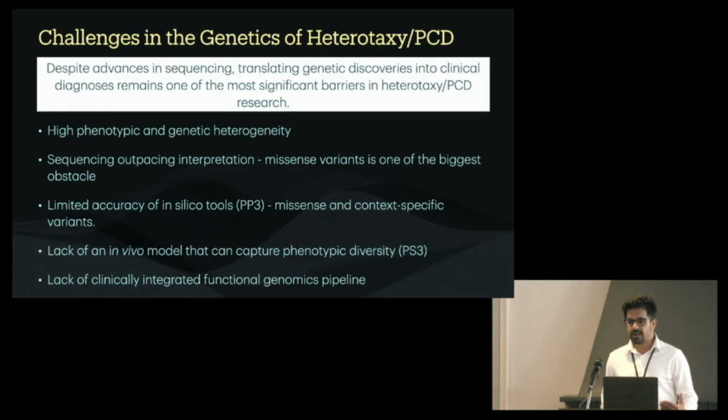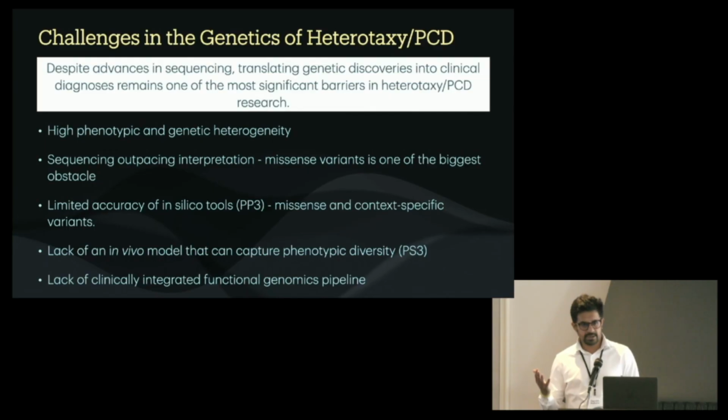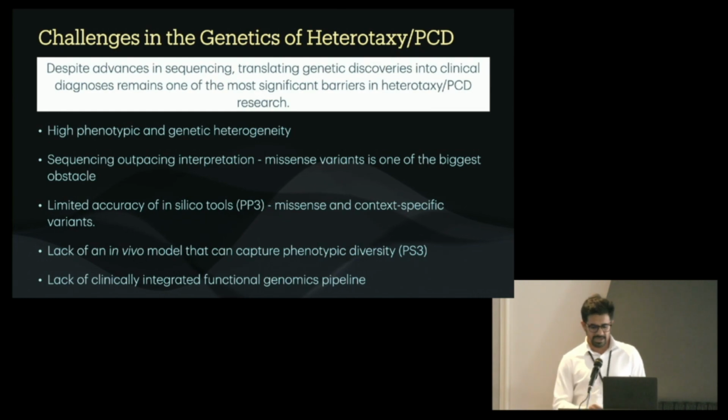In silico models cannot tell us what VUSs cause what kind of phenotype. We also do not have in vivo or disease-relevant model systems that we can use to study these diseases. And finally, we don't have a clinically integrated functional genomics pipeline, which we need for PS3 level VUS classification.